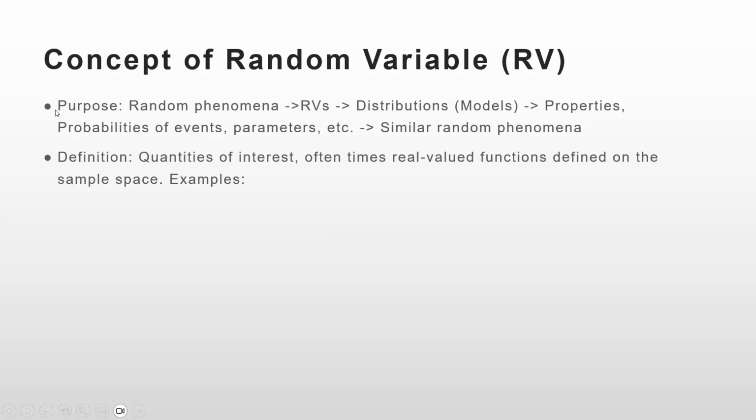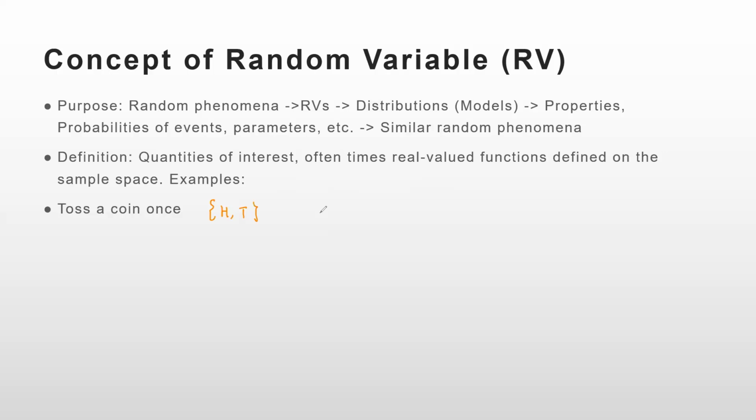All right, so what is a random variable? It's quantities of interest, often real valued functions defined on the sample space. So for example, if we toss a coin and we have a sample space of heads and tails, that's the sample space.